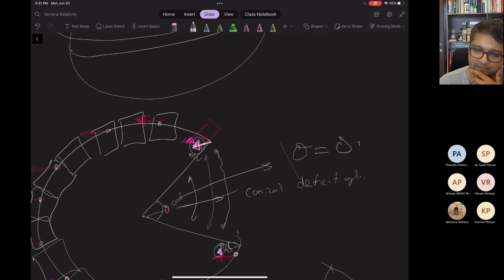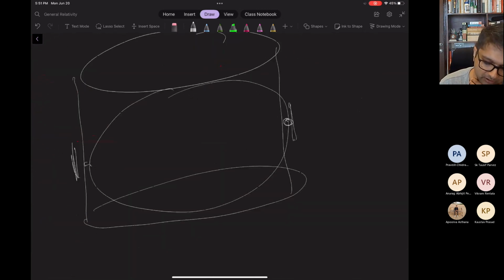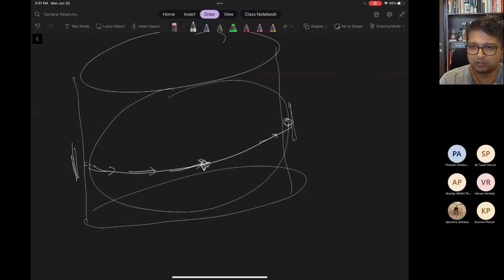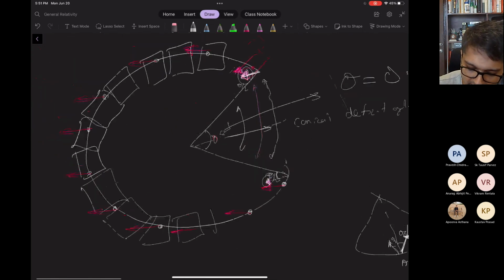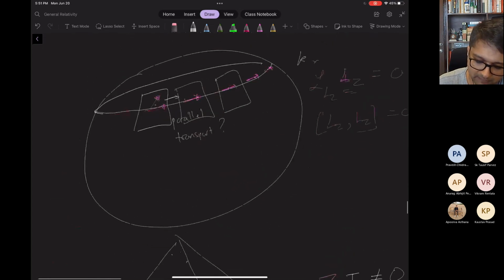There is no conical deficit angle. And therefore, when I make a full 2 pi rotation about the equator, the tangent vectors come back to themselves, and they actually stay along themselves all the way. So in that case, great circles are the only geodesics along a sphere.